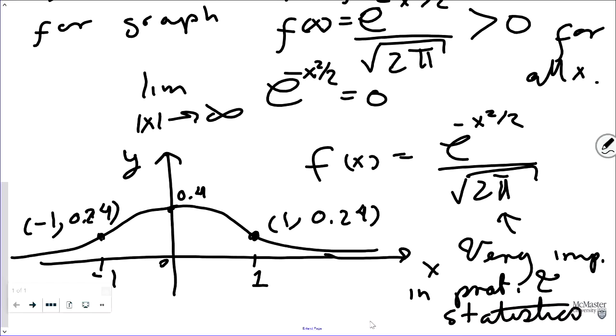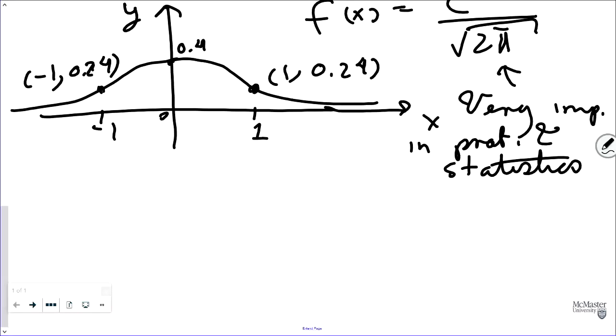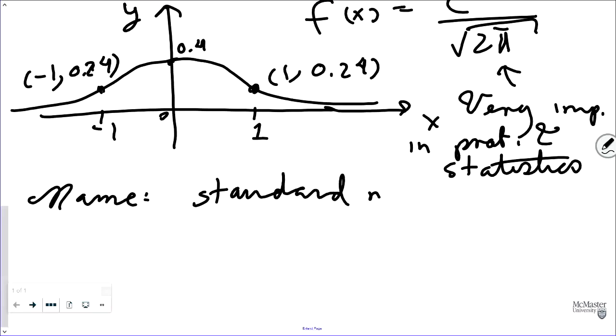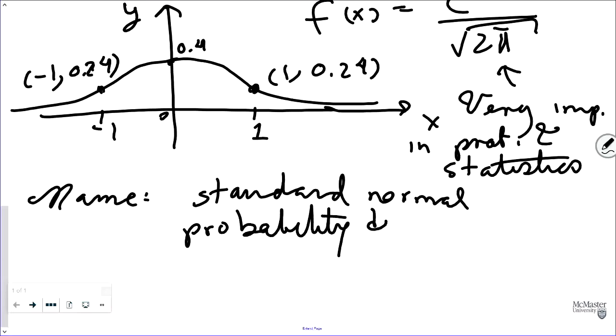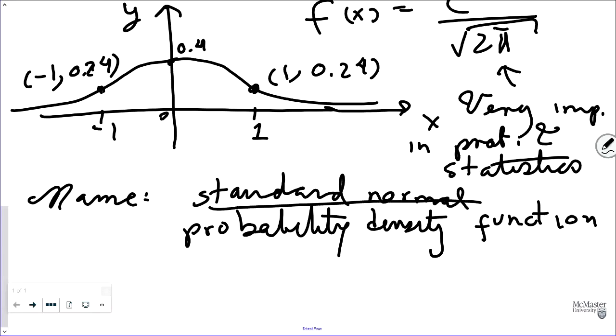If I were to name it, if you have not seen it before, but I'm pretty sure you have seen it, the name is the standard normal probability density function. Well, this is just PDF, probability density function is the standard name when you work in theory of probability, but the name is this part.